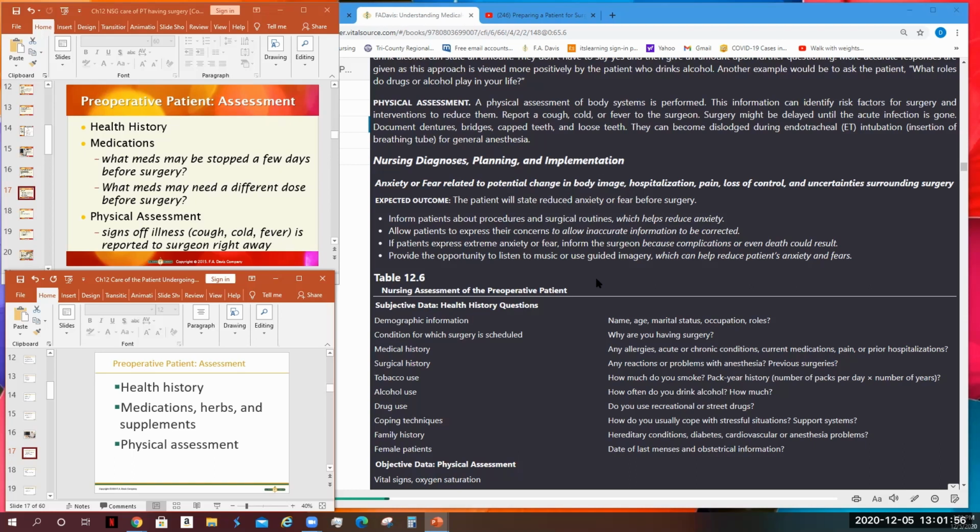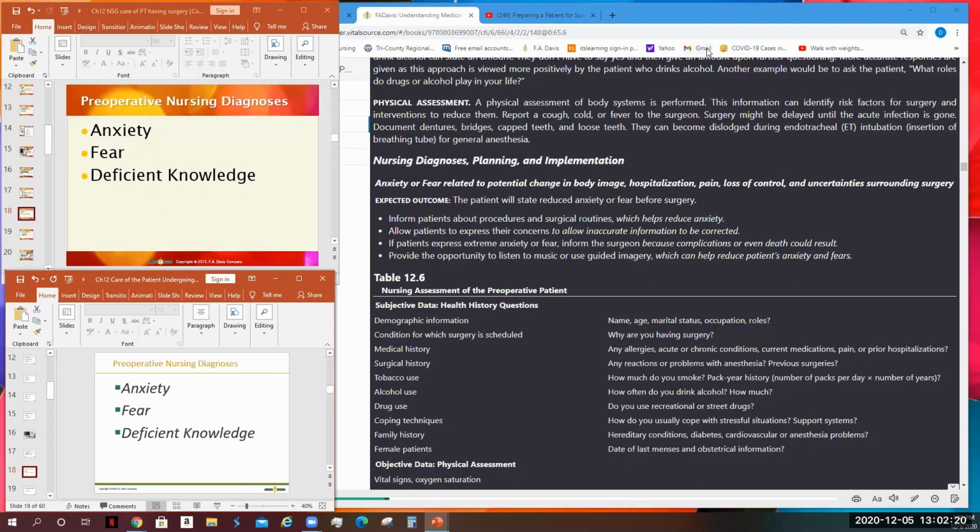Nursing diagnosis, planning, and implementation. Anxiety or fear related to potential change in body image, hospitalization, pain, loss of control, and uncertainties surrounding surgery.